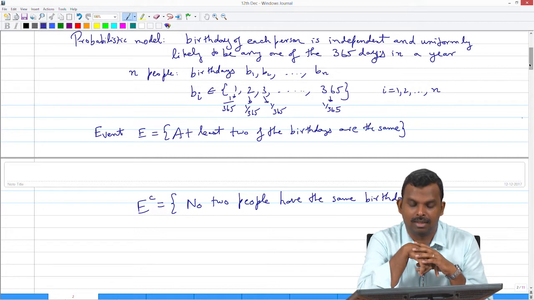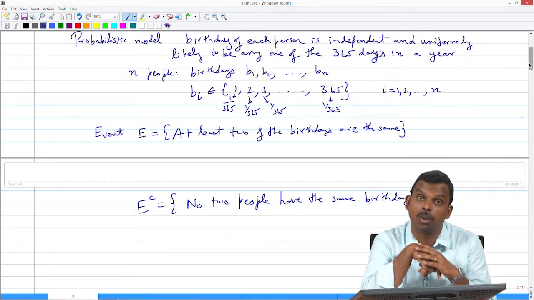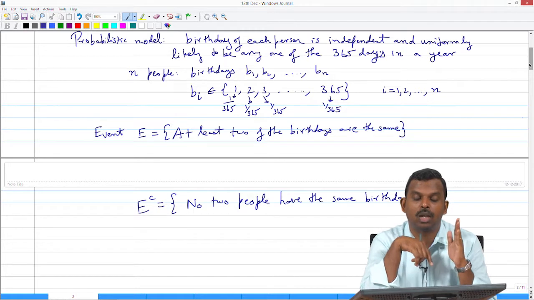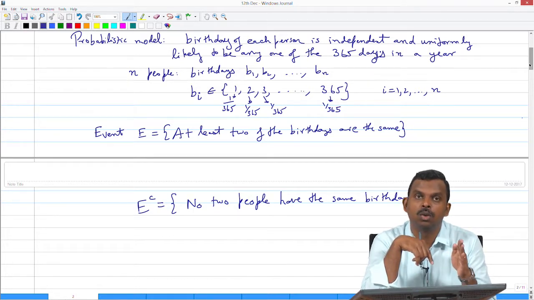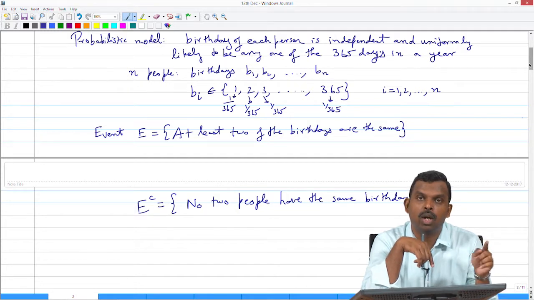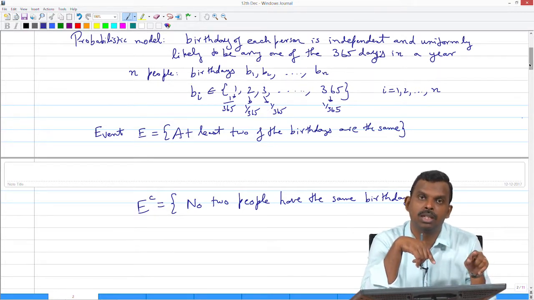That is the little calculation that we want to do here, and you might see that this can be done using conditional probability. We first look at the first person's birthday. The first person's birthday could fall on any one of the 365 days. Now, given that the first person's birthday has fallen somewhere, where should the second person's birthday fall?